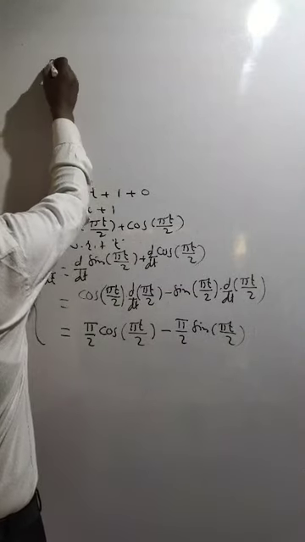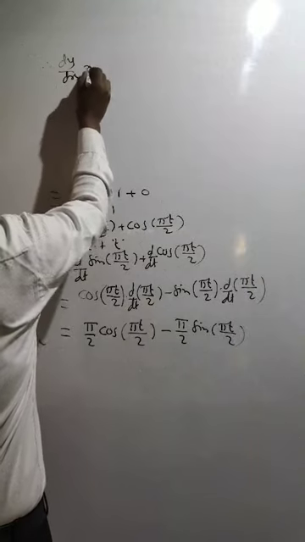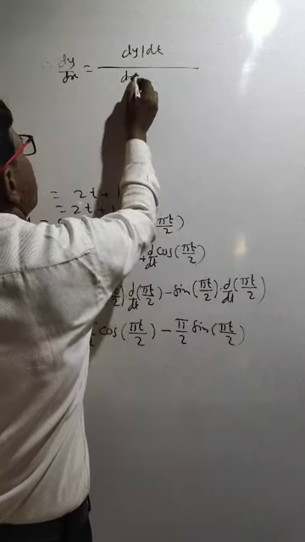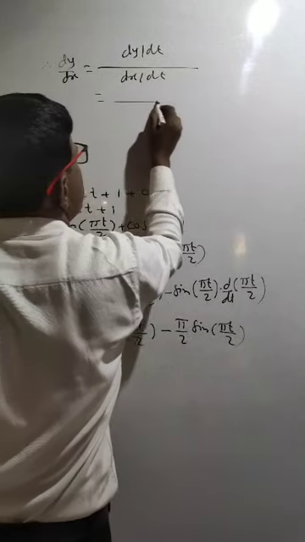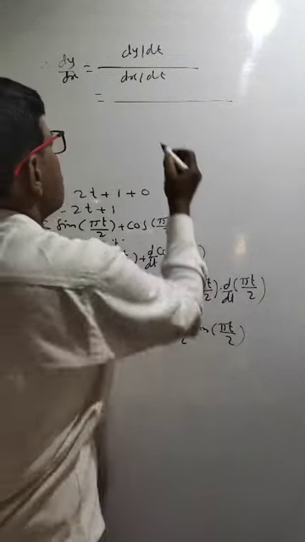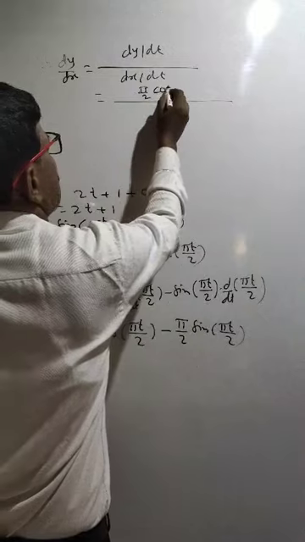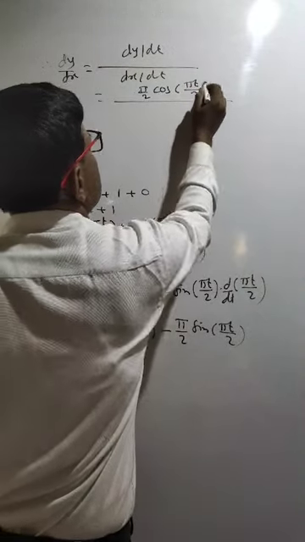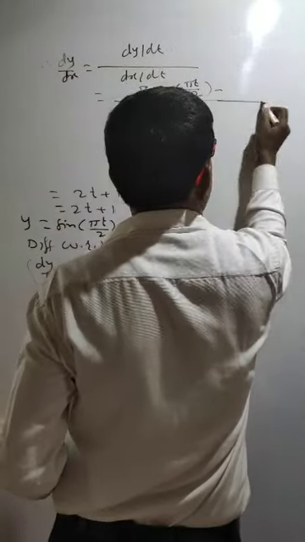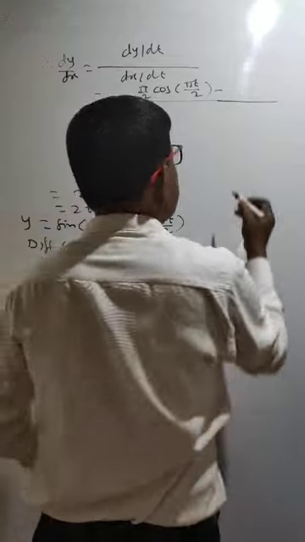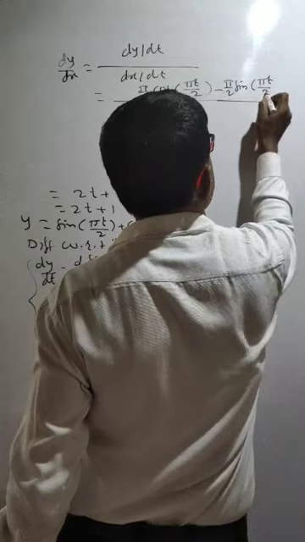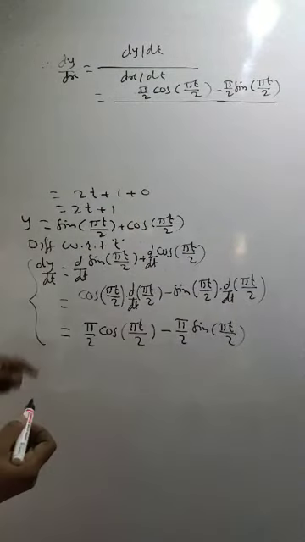Therefore dy by dx equal to dy by dt upon dx by dt, equal to pi by 2 into cos of pi t upon 2 minus pi by 2 into sin of pi t upon 2, upon dx by dt.